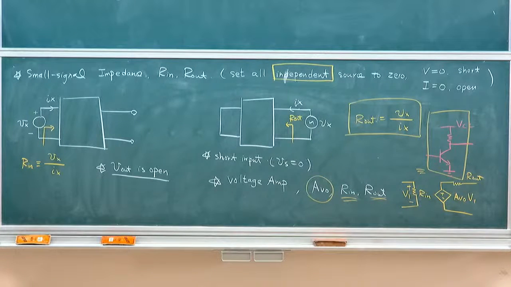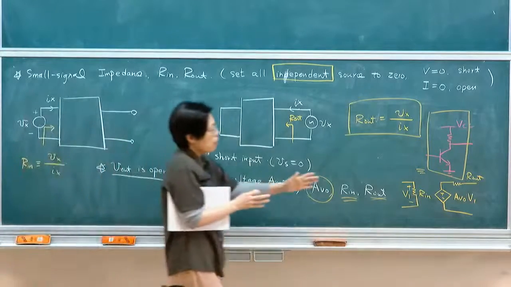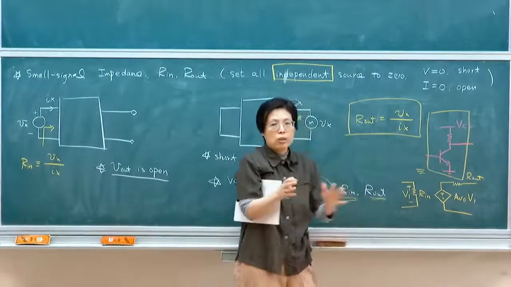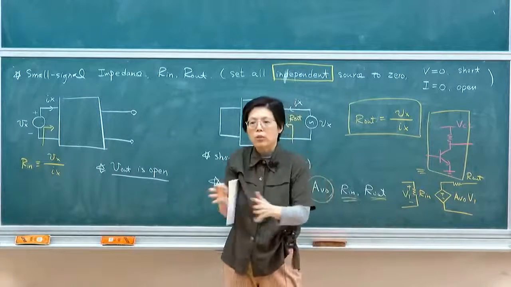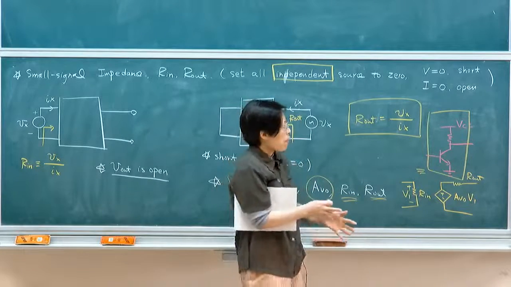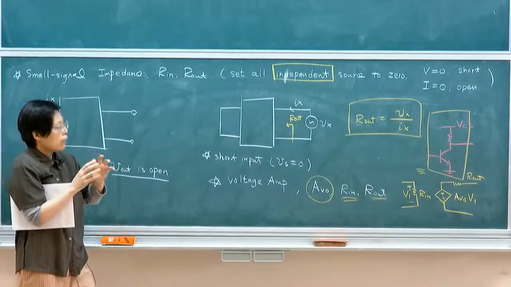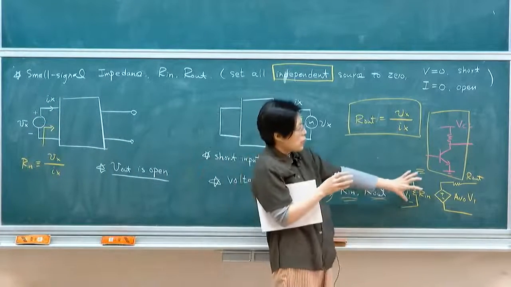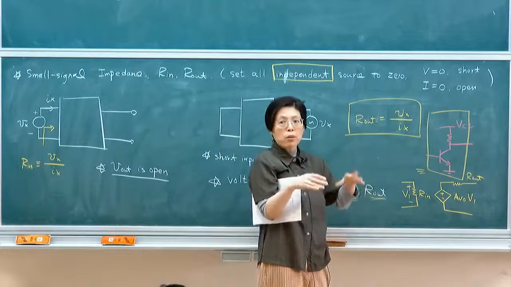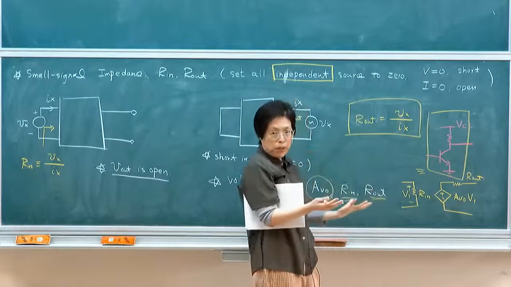This is the same thing: you build an equivalent model. Once this is done, you can use this model to interact with various stages. This is the next level of abstraction: you build this model, and then it can be used when you have multiple stages in your amplifier.